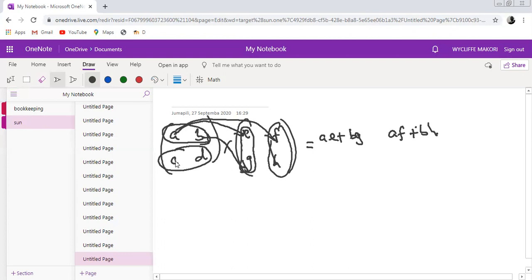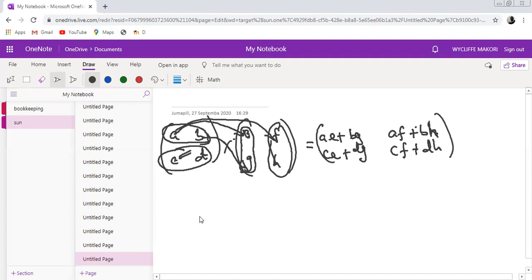The first will multiply the first element in the first column, this one to multiply this. So it is going to be the first here multiplies the topmost, the second multiplies the second. So it's going to be CE plus DG. Then this will multiply this, so it's going to be C times F, which is CF, plus D times H, which is actually given by DH. This is actually H, like that. And that is going to be the answer.